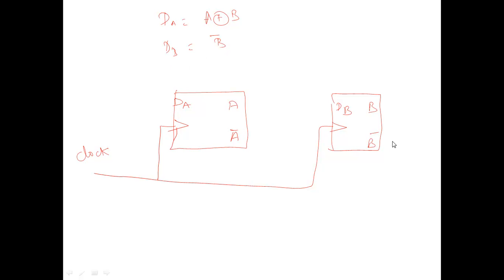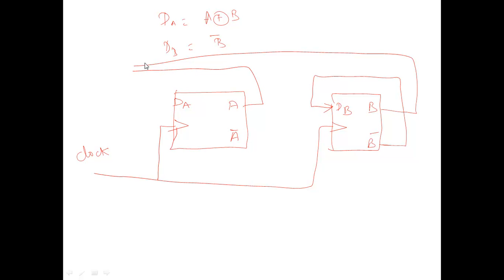Now you see what DB is. DB is B bar. Here you are having B bar, so you can just take this and tie it up here. This will be the output. And what is DA? DA is A exclusive OR with B. So here you have B, here you have A. You put both in an exclusive OR gate and give it as input to DA.